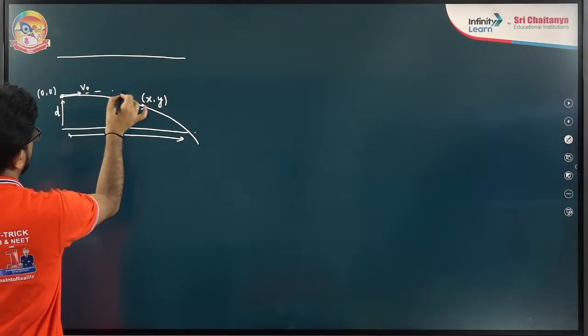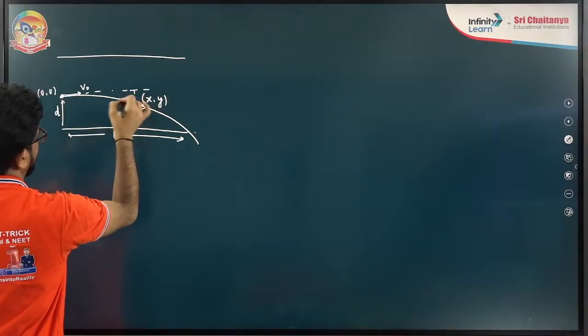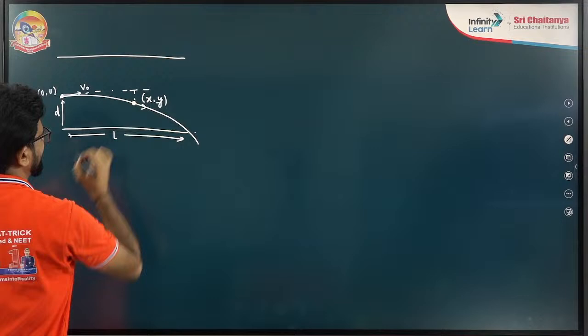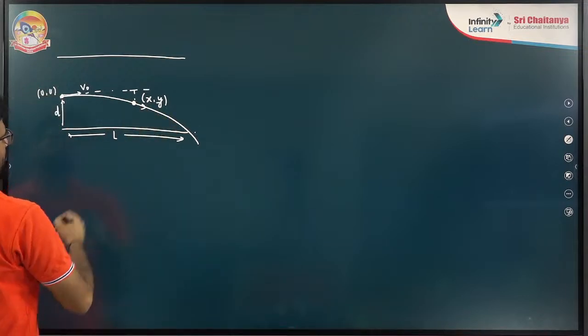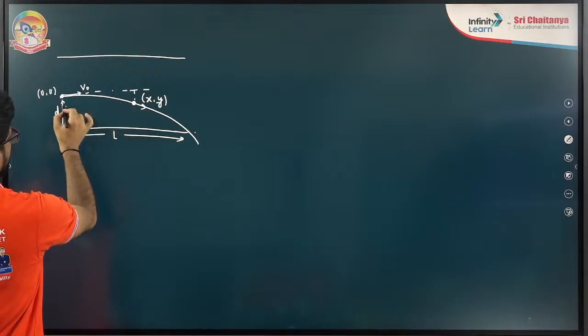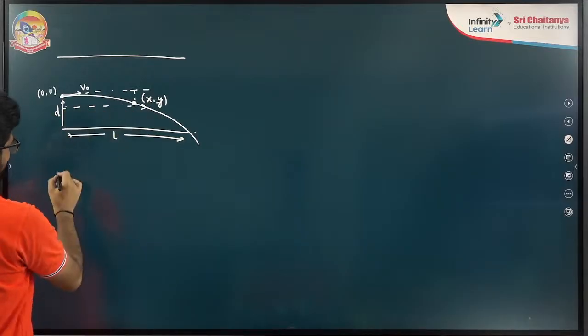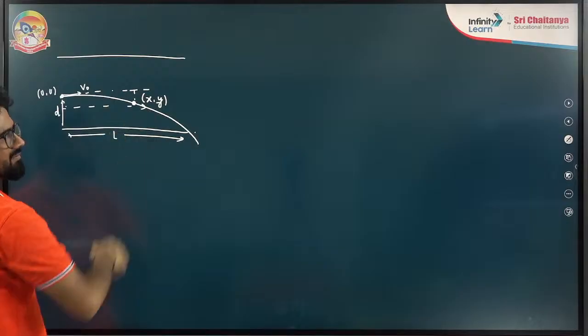So if you see here, at some x value, this y would be negative, definitely. I am writing minus y because it is in the negative direction. So there are two displacements, one in the x direction and one in the y direction.